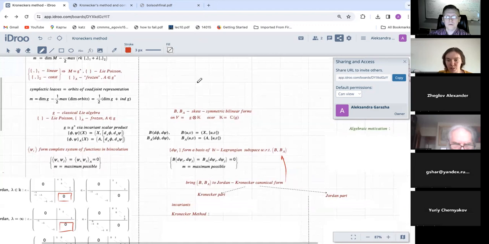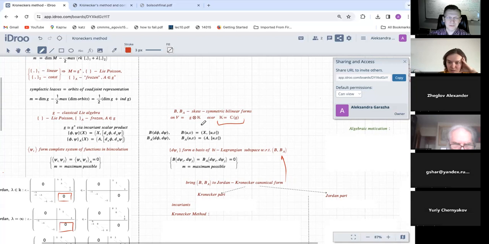Okay, but the question is, over which field? Yes, our skew-symmetric forms, we consider them as forms on this vector space over this field. And when we look at this vector space over this field, its dimension is just the dimension of the Lie algebra.